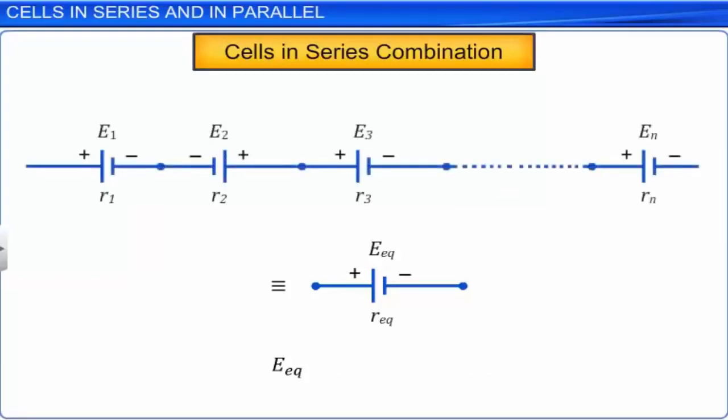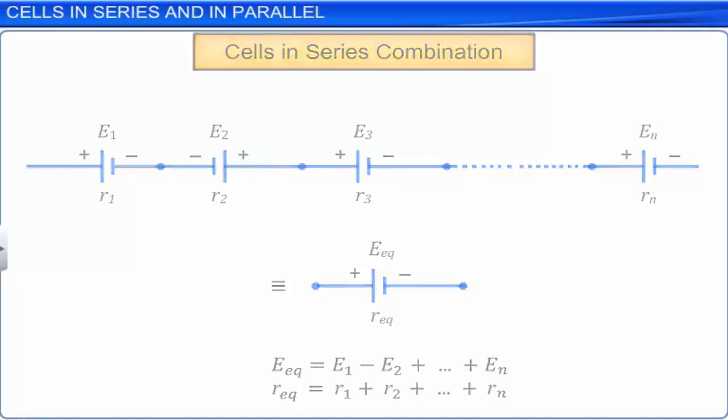If, in the combination, the current leaves any cell from the negative electrode, the EMF of that cell will bear a negative sign. Rule number 2. The equivalent internal resistance of a series combination of n number of cells is the sum of their internal resistances irrespective of the orientation of the terminals of the cells in the series combination.